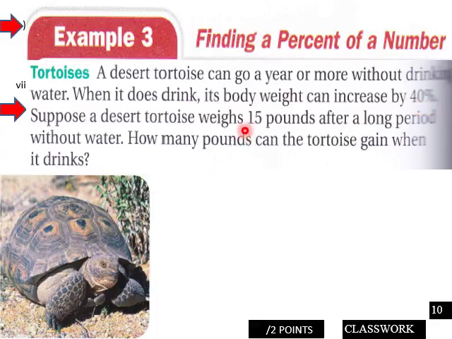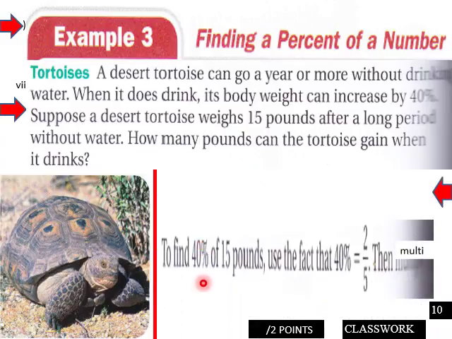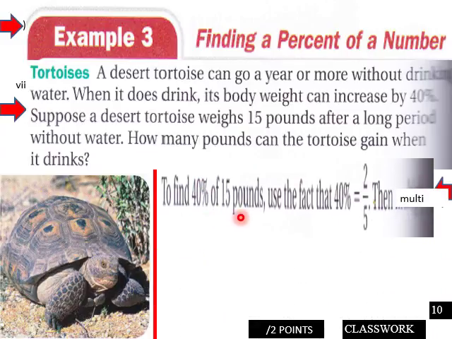Suppose a desert tortoise weighs 15 pounds after a long period without water. How many pounds can a tortoise gain when it drinks? So we got a 40% increase, so it's 40% of 15. Use the fact that 40% equals 2 over 5.